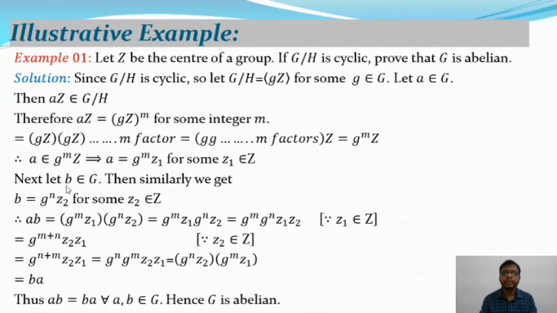And now let b be any element belonging to G. Then similarly we get b equal to g^n z2 for some z2 belonging to Z. Now from this we shall prove that G is abelian.